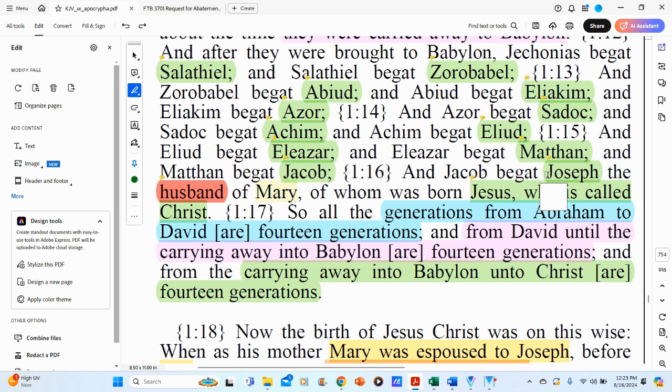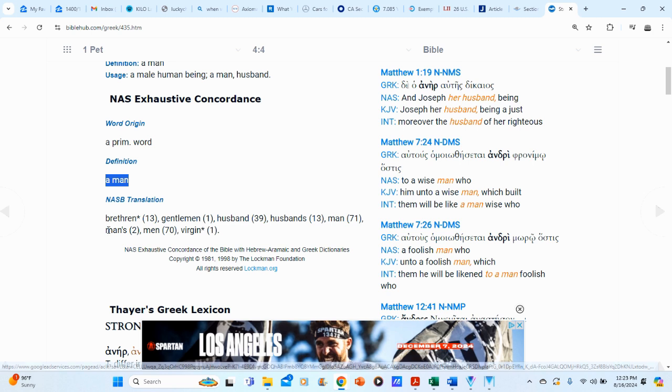If this Joseph here is the husband of Mary, then that means this is 13 generations instead of 14. There's an error somewhere, whether it's this, which I doubt, or with this, which I would understand because there are so many different meanings or usages from one word.